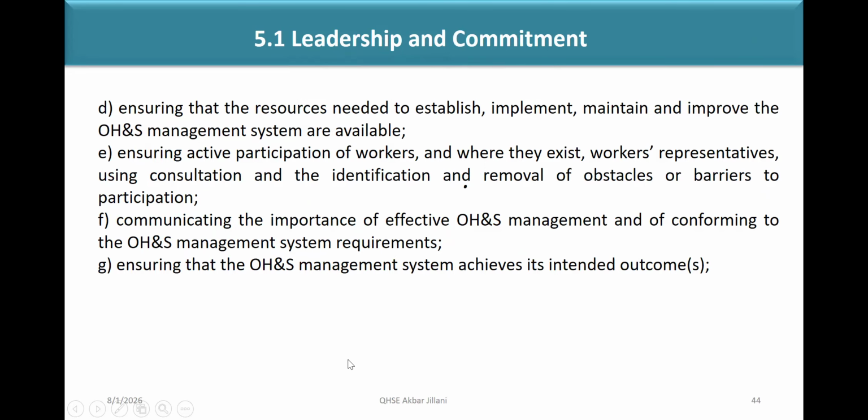Ensuring that resources needed to establish, implement, maintain, and improve the OHS management system are available. Ensuring active participation of workers and, where they exist, worker representatives, using consultation and the identification and removal of obstacles or barriers to participation.